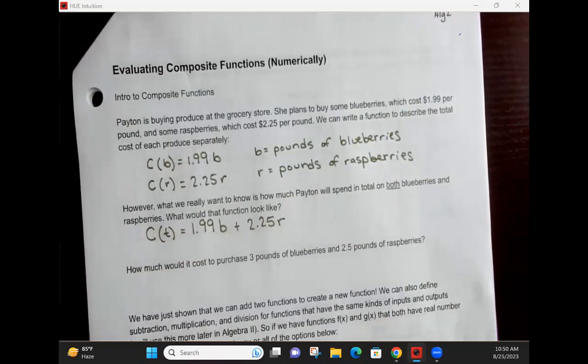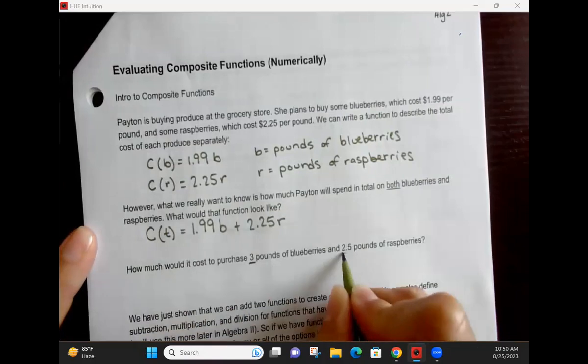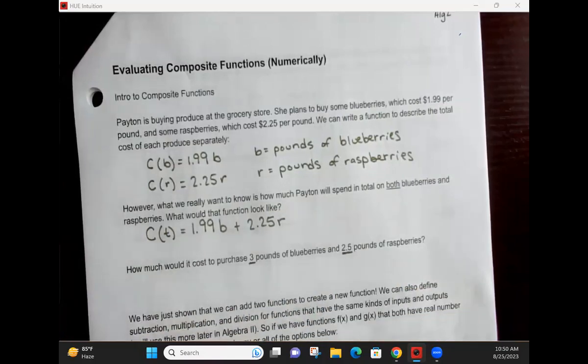That's my cost together. And then if I asked you a question like, what if she bought this many pounds of blueberries and this many pounds of raspberries? How much money is that, right? What did you spend? We could find that by doing what with these values? Plugging them in where they go, right?